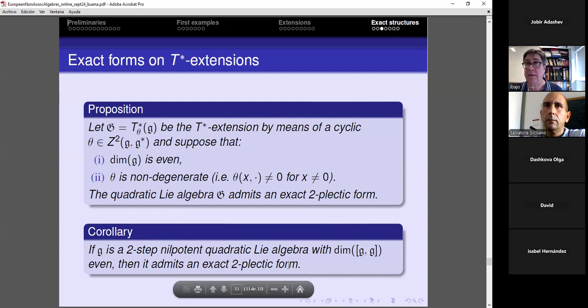Because I notice that, for symplectic Lie algebras, you cannot have exact examples in something which has a non-zero center. But here you can. So you can actually have nilpotent cases in which exact two-plectic forms exist. Okay.